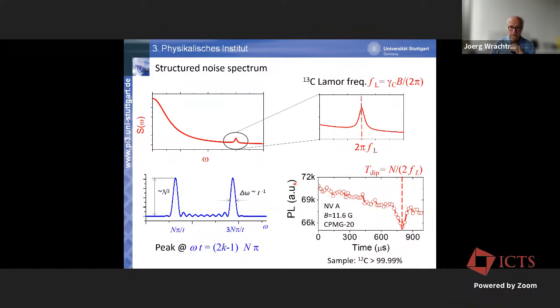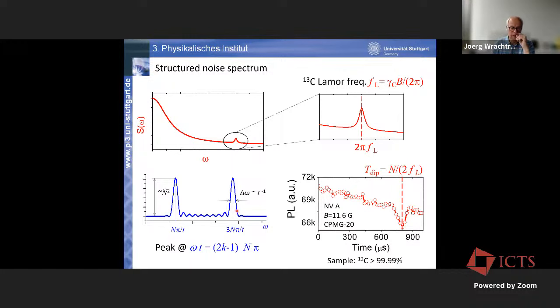Okay, so here you see an experimental example. This is a measurement signal, and what I'm doing here is changing tau and scanning over this peak of my noise spectrum. And you see that when my tau is exactly the Larmor precession period, tau Larmor over 2, I see a dip in the coherent signal of my electron sensor spin. And this is essentially my signal.